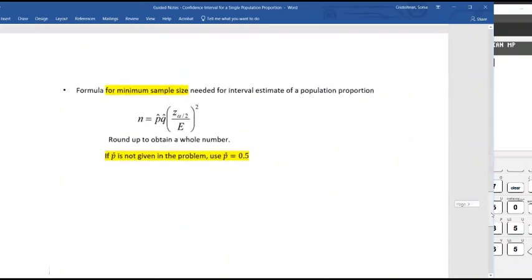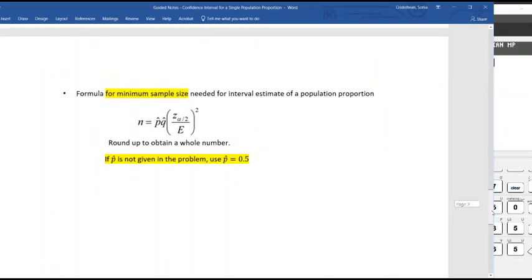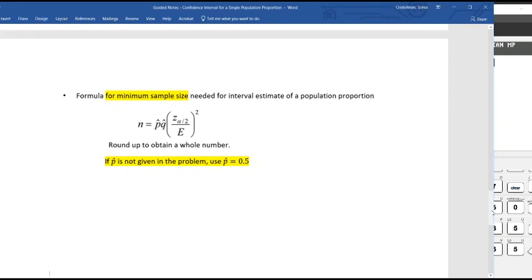Another type of problem that you will see will be related to finding a formula for the minimum sample size. We've seen this type of problem when we looked at the confidence interval for the mean when sigma was known, in other words, when we used the Z distribution. This type of problem was not seen when we used the T distribution, for the simple reason that we must know the sample size when we use the T distribution.